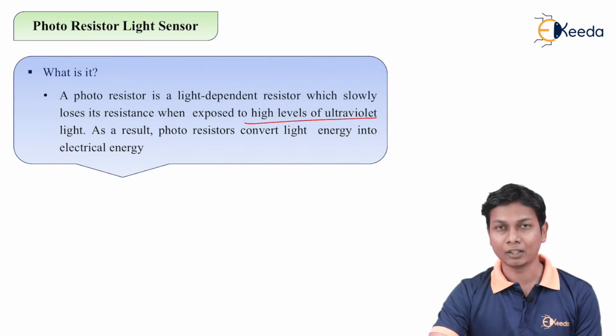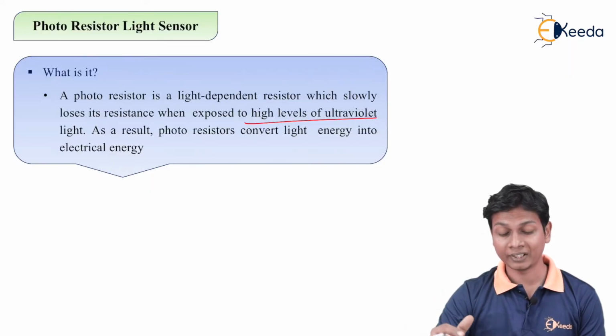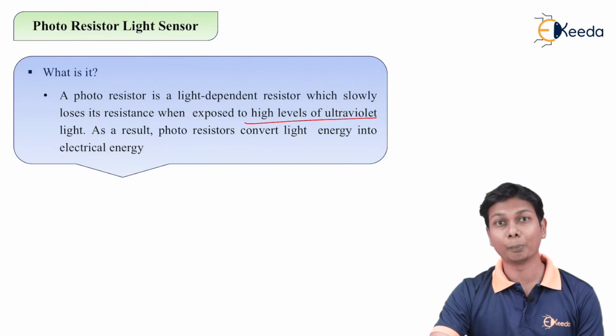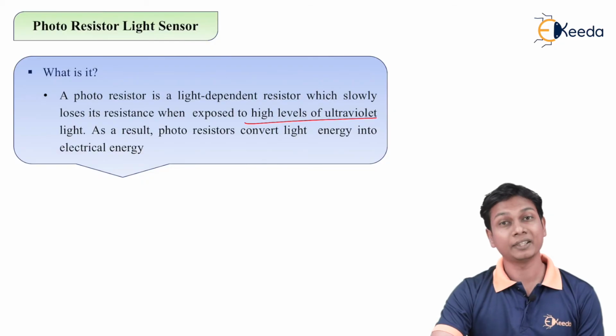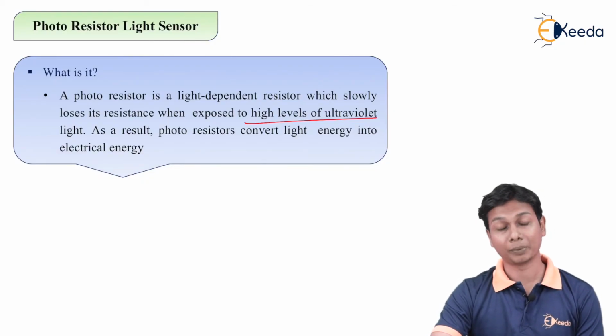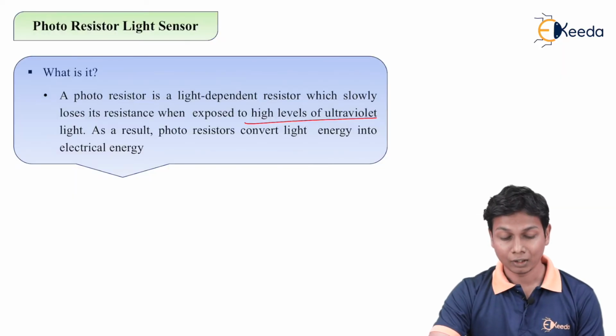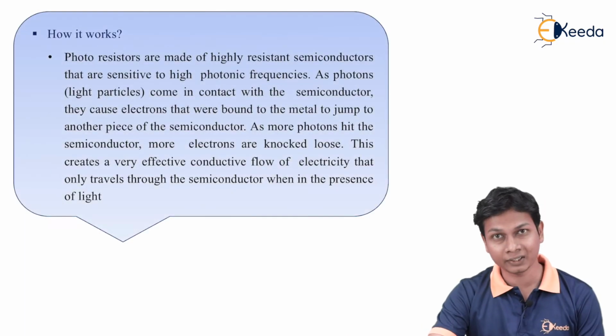Depending upon the ambient light, whether it is low or high, the brightness decides how the resistance of the sensor changes. Now, how is it working?